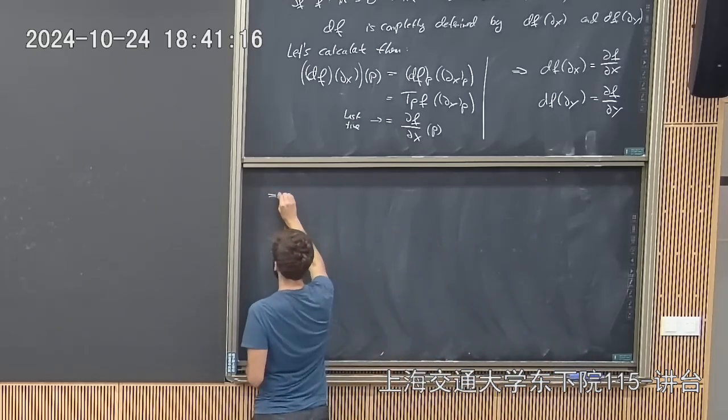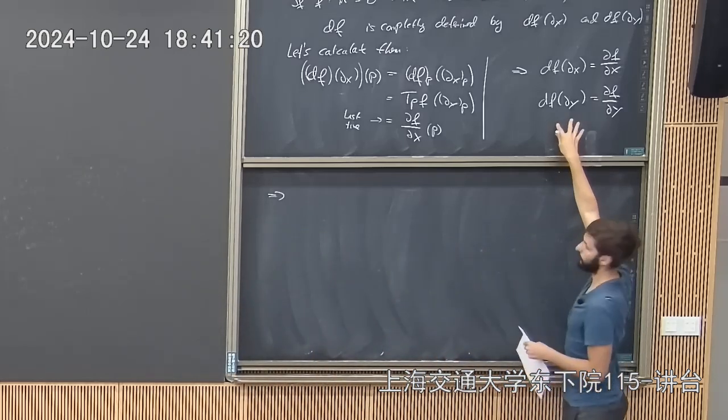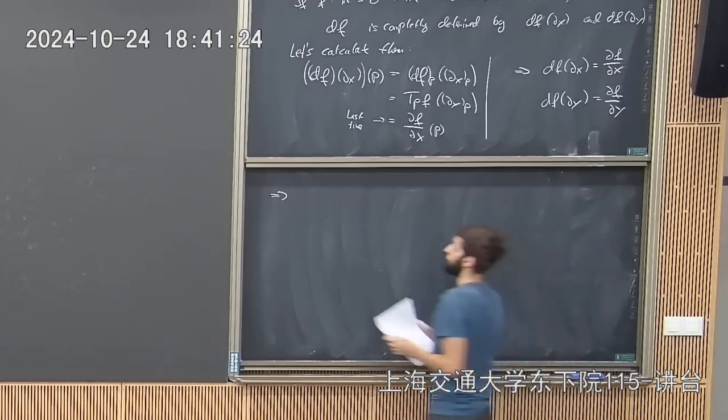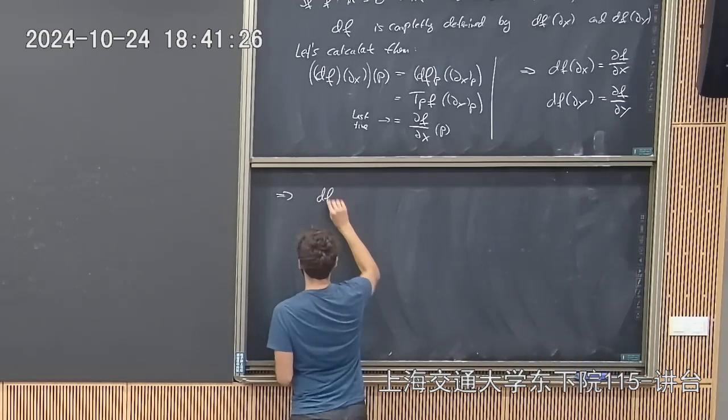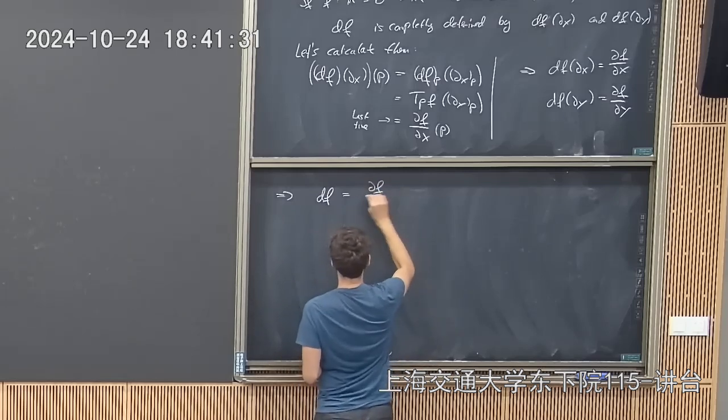So if you plug in now the knowledge that we had, that once we have these coefficients, then we can write the one form in terms of dx and dy. So what this means is that if you take all of that together, we get the following formula.